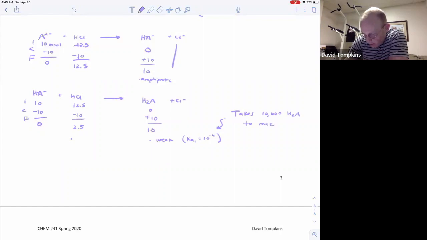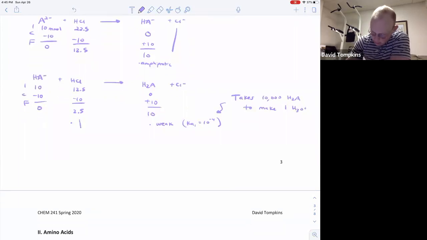That's a pretty weak acid. But then we also have a strong acid, HCl. And they're not going to react together, because there are two acids. But this one makes a hydronium for every single HCl present. It completely dissociates.